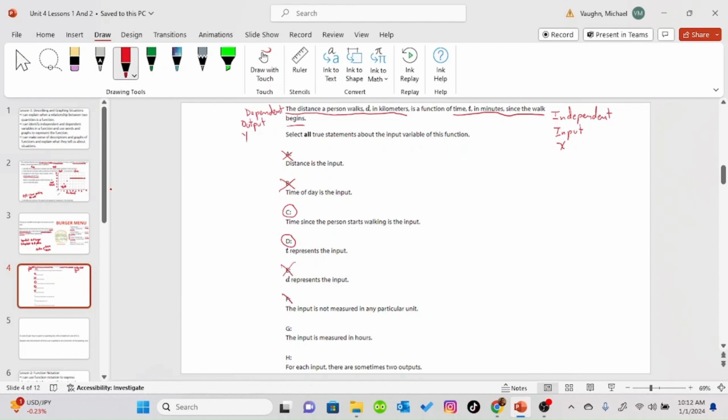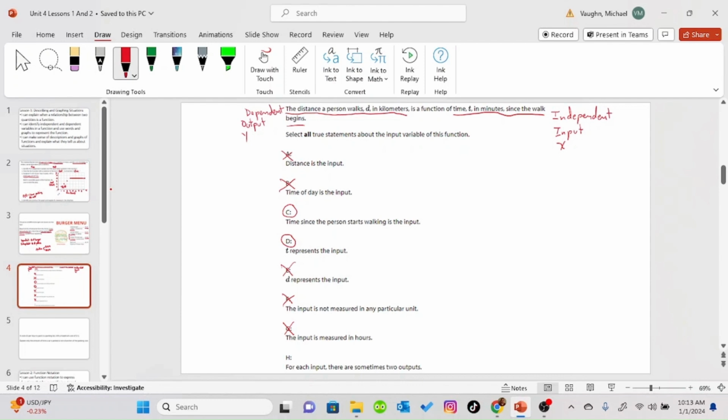So F is not correct. G, the input is measured in hours. Well, the input is my time, and my time is measured in minutes, not hours. So G is not correct.